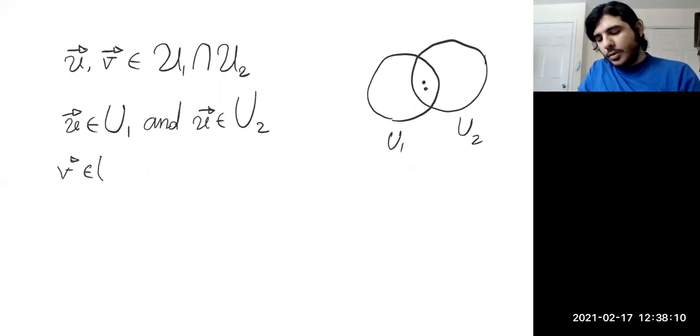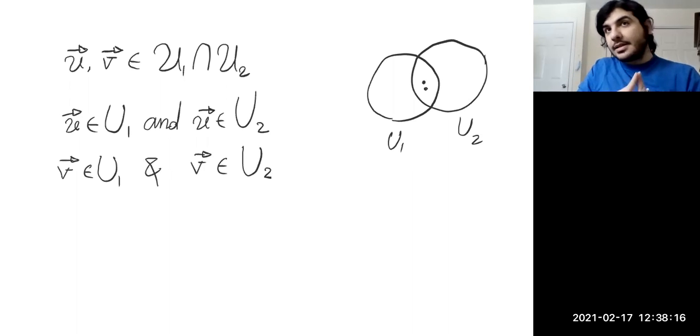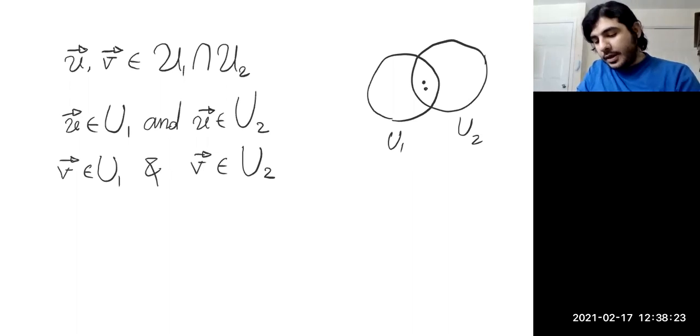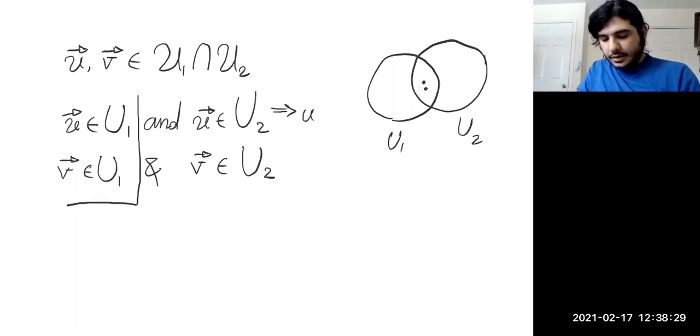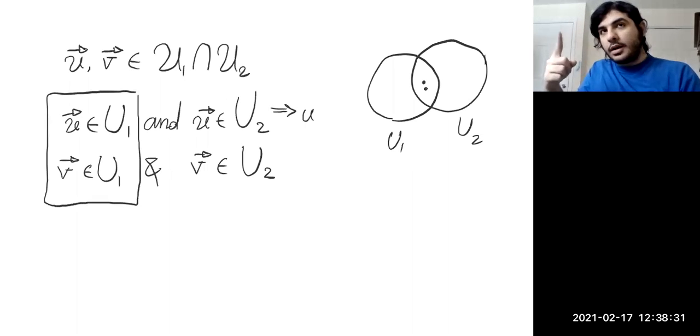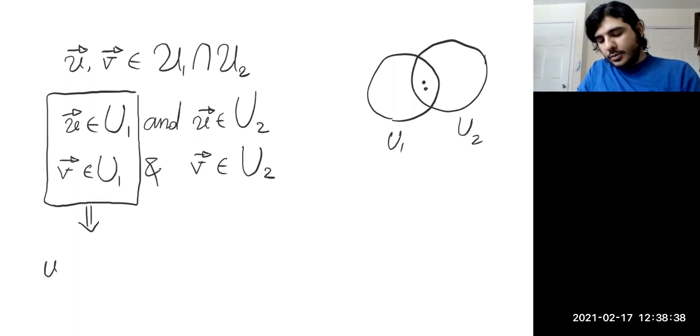It's in U1 and the vector v is in U2. Now, the assumption tells us that U1 and U2 are subspaces. So they are closed under addition. So if u is in U1 and v is in U1, their sum is in U1. It means u plus v is in U1.